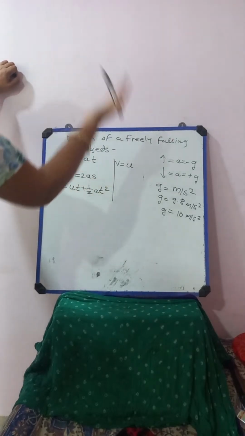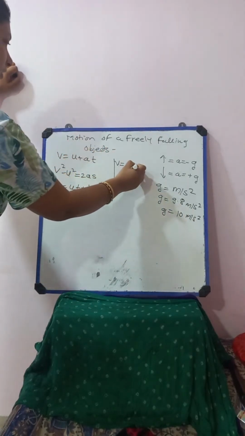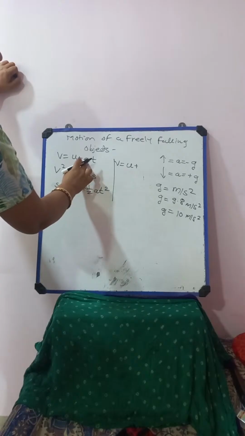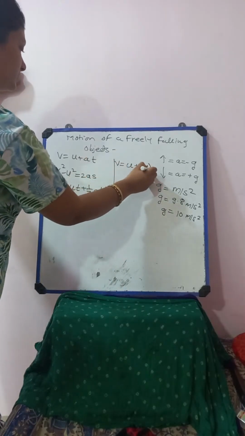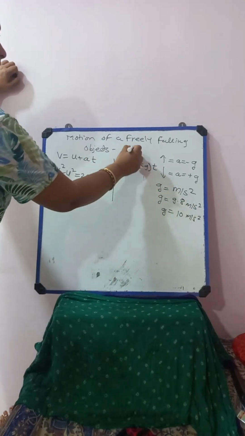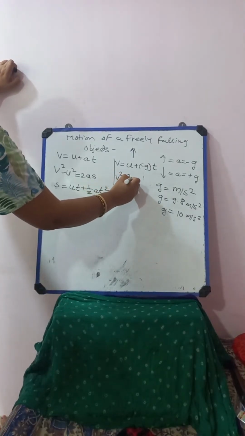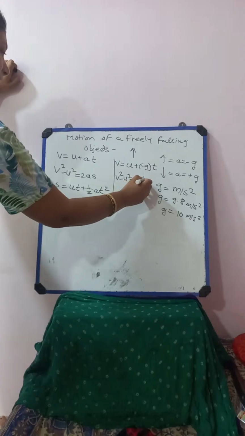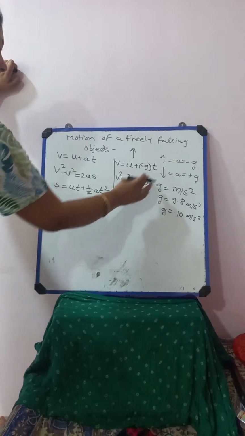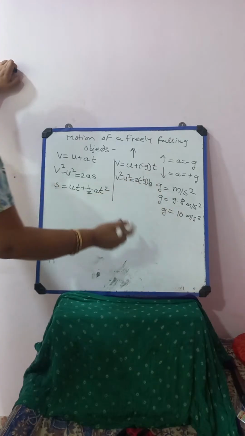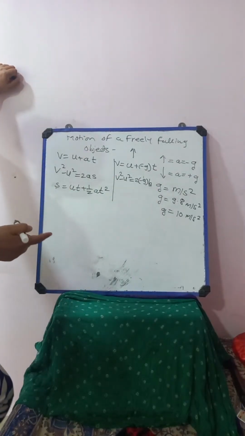This v will remain v, u will remain u. Suppose the body is moving in an upward direction, then this a will become minus g. So here also v square minus u square is twice of minus g into s. s is nothing but height, because the object is moving vertically upward.